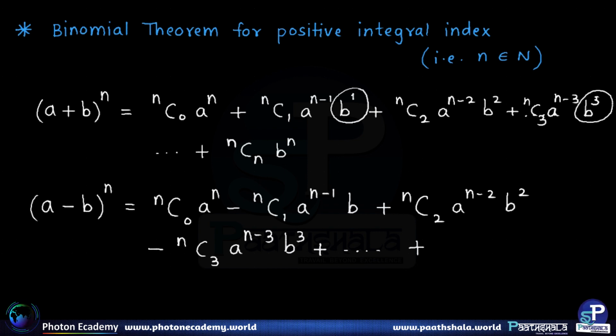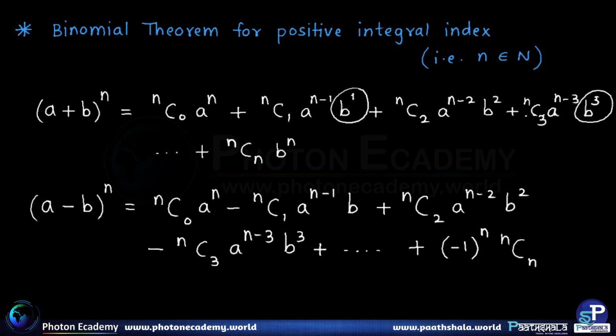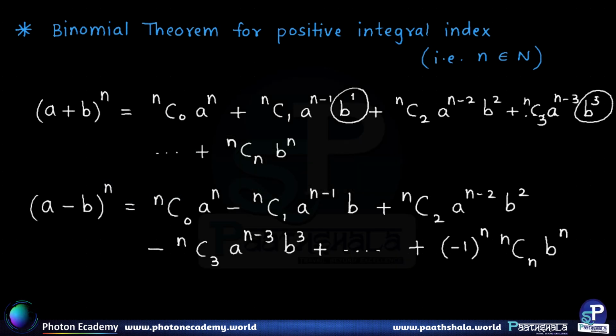So for this we attach a small expression, which is (-1) raised to n, which always helps us put the correct sign based on whether n is even or odd, and we complete the last term as nCn B raised to n. Now you can see, if n is odd, then we will actually get the final term as negative, the coefficient will be negative. If n is even, then it will be positive. Right. So this is the deduction from the binomial theorem based on the original formula.